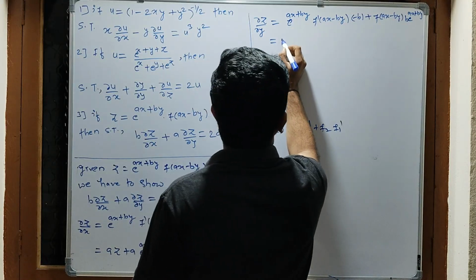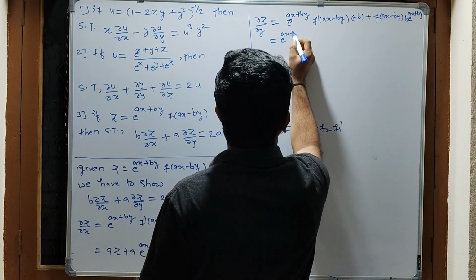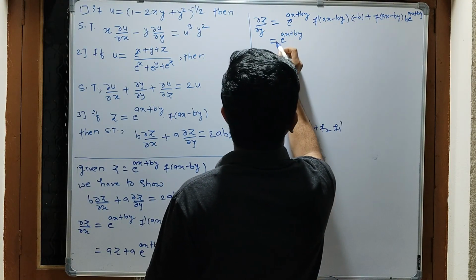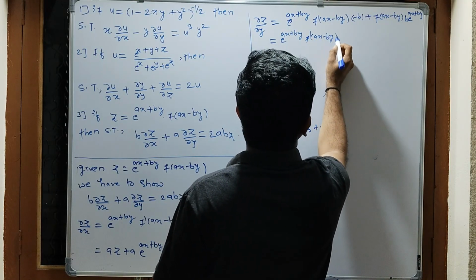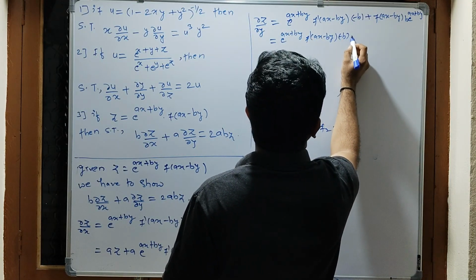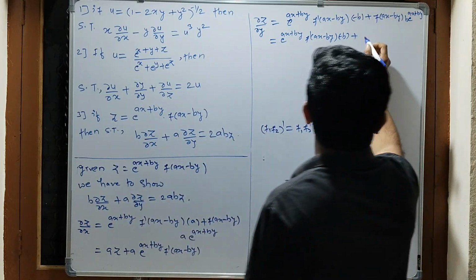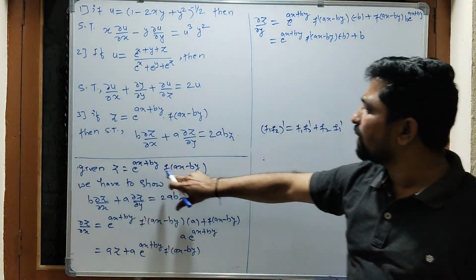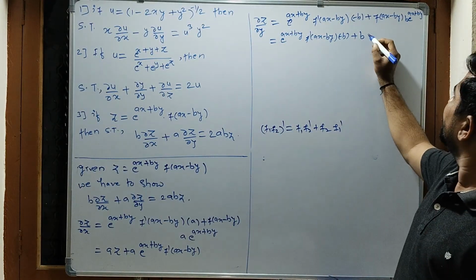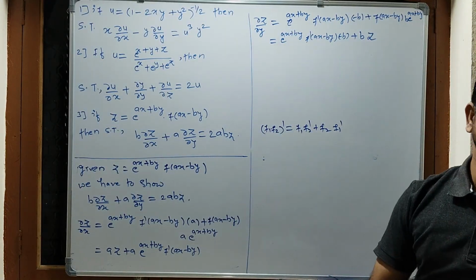Which is equal to e to the power ax plus by f dash of ax minus by into minus b, plus b times z, since z equal to e to the power ax plus by f of ax minus by.